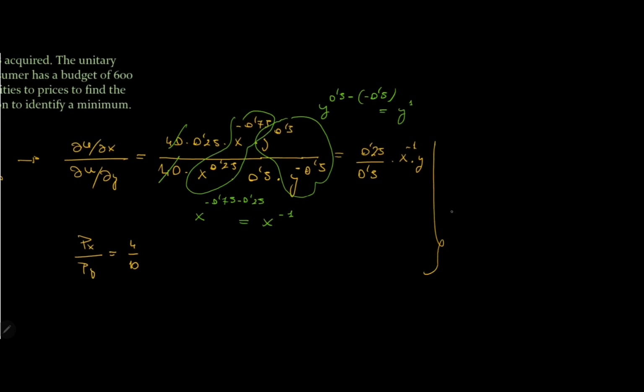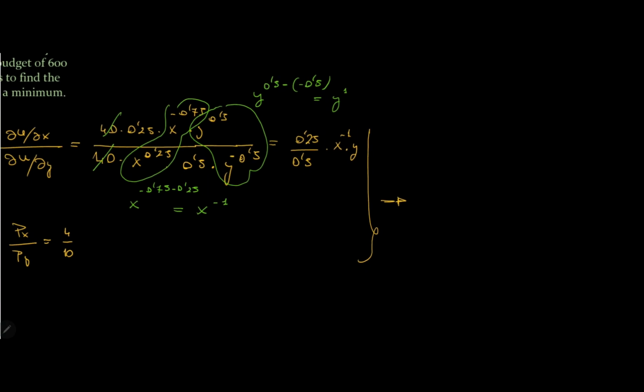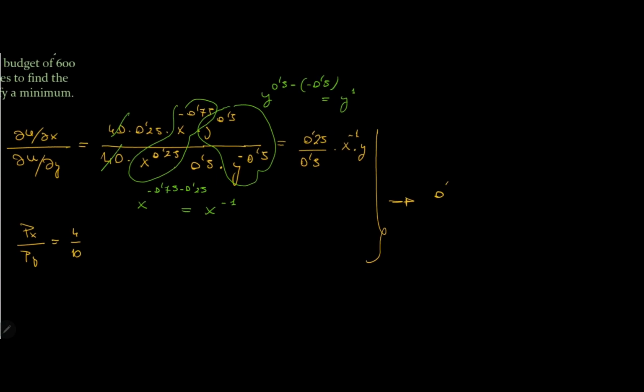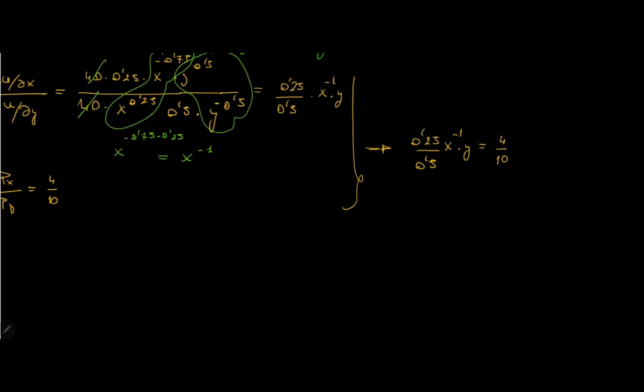If I put together the two expressions, then I get my first equation depending only on x and y. That's equal to 4 divided by 10. So this means that y divided by x, that's this part, can be written like that, equals 4 divided by 10 times 0.5 divided by 0.25.